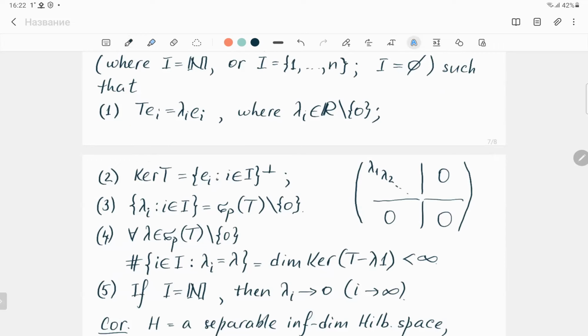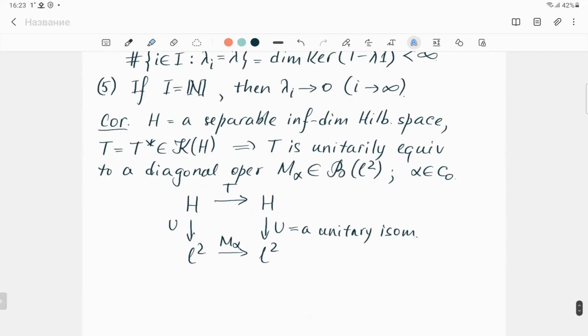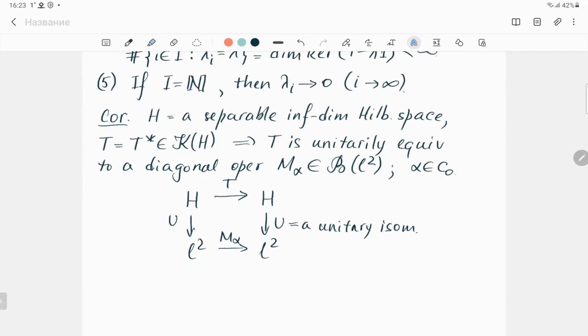And this union will be an orthonormal basis of the whole space H. Now, actually we don't need to involve matrices. We see that each vector of this basis is an eigenvector. So we have found a countable orthonormal basis consisting of eigenvectors for our operator. And if we now use this basis to construct a unitary isomorphism between H and little l2, what we get in little l2 is nothing but the diagonal operator.